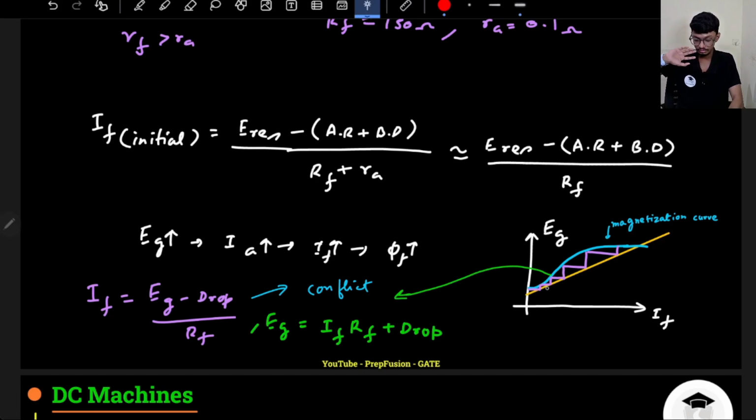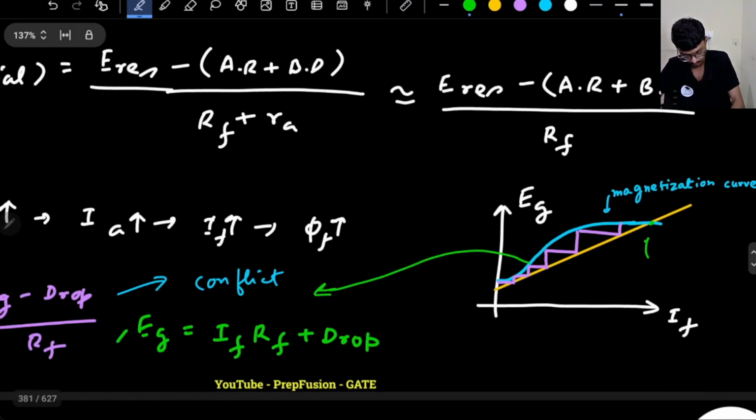So if previously this straight line was saying 1 ampere of current should flow, according to 1 ampere of current, the Eg value should be 10 volts. But the magnetization curve was saying if IF is 1 ampere, then Eg should be 15 volts, right? There was conflict. But at this point, the conflict got resolved, okay?